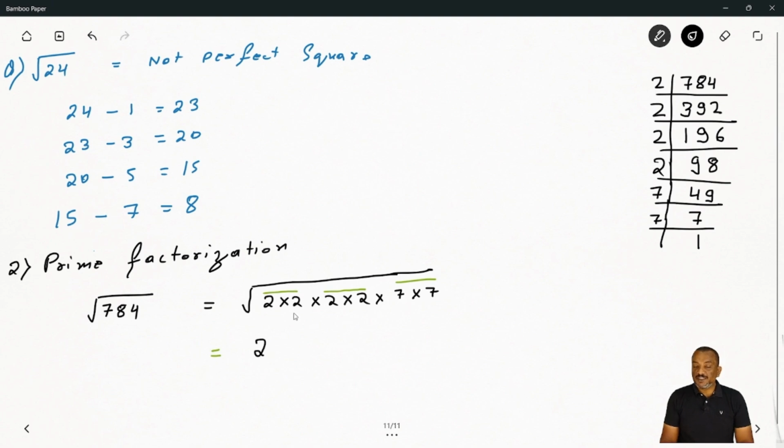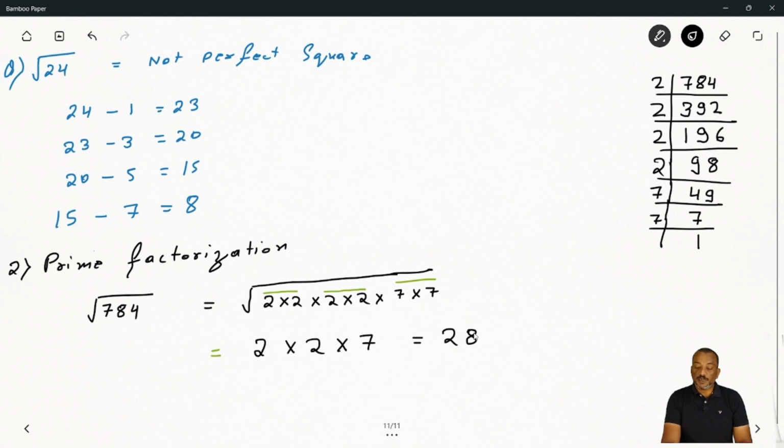From this 2 times 2, one pair, one 2 will come. Again 2 times 2, one 2 comes, and 7 times 7 you will get another 7. So the square root of 784 is equal to 2 times 2, 4, 4 times 7, you will get 28, the perfect square root of 784.